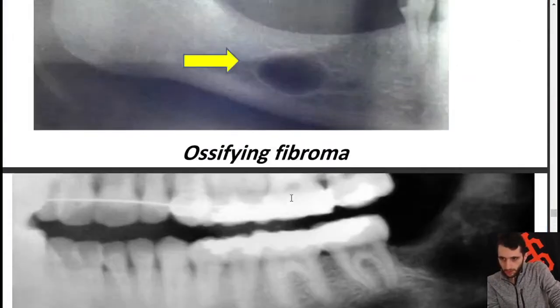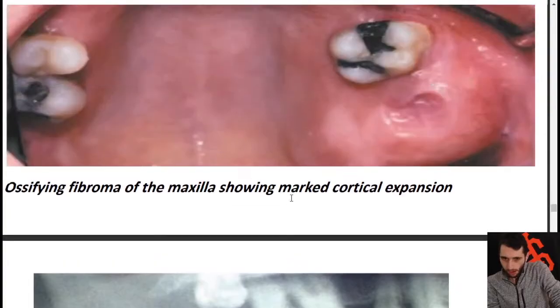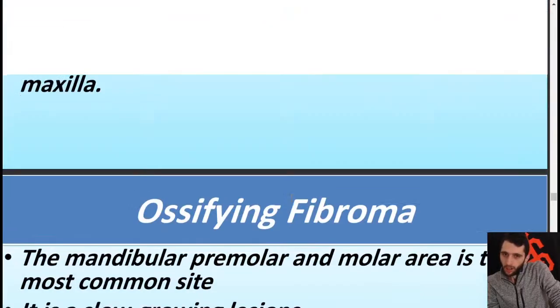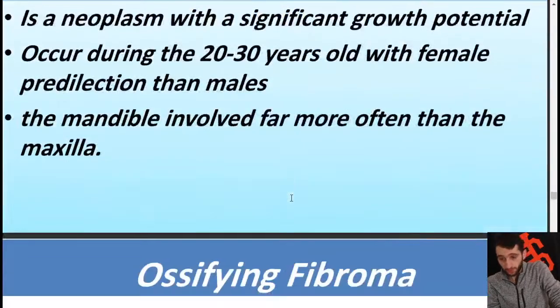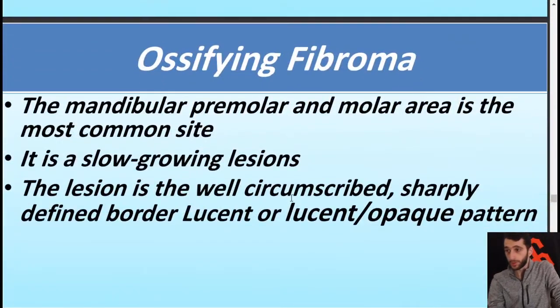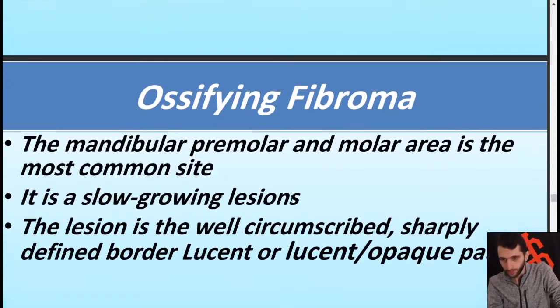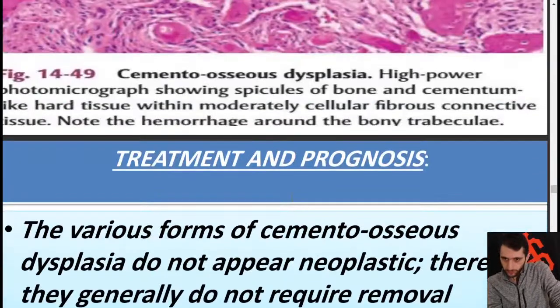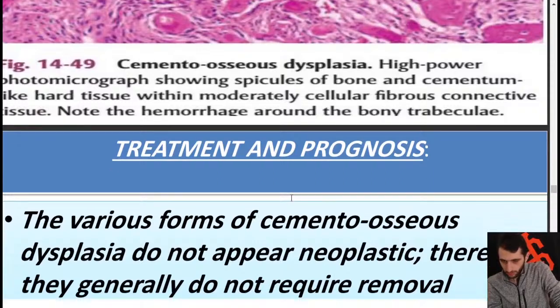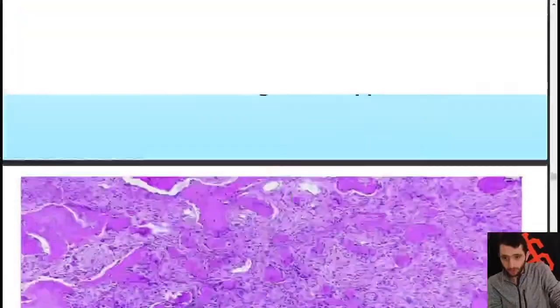Still features. Of course, ossifying fibroma of the mandible, premolar region, unlike the others. They were maxillary, they were mandibular anterior, mandibular posterior. It does not require removal.